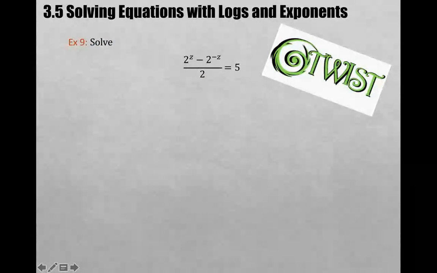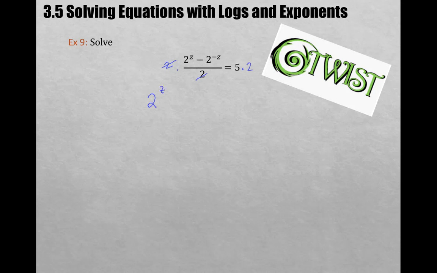Can you all try this one? Okay, let's see. Let's start it the same way. Maybe? Let's start by multiplying by 2. Times 2. 2 to the power of z minus 2 to the negative z equals 10. 2 to the power of z minus 1 over 2 to the power of z equals 10.